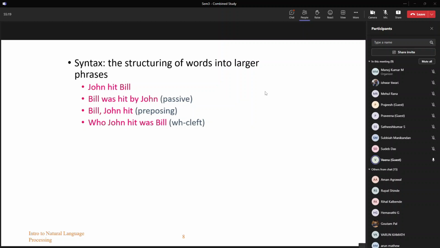I think we will have more to learn because there are different types of cleft, and we might need to learn all these things for NLP.